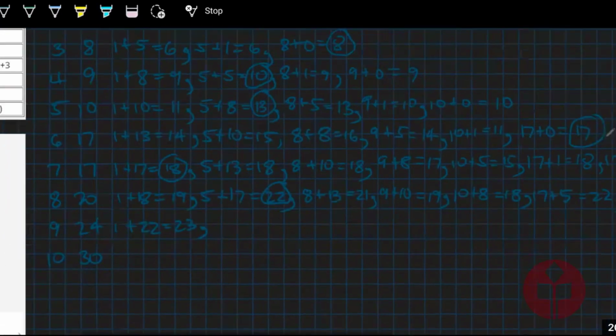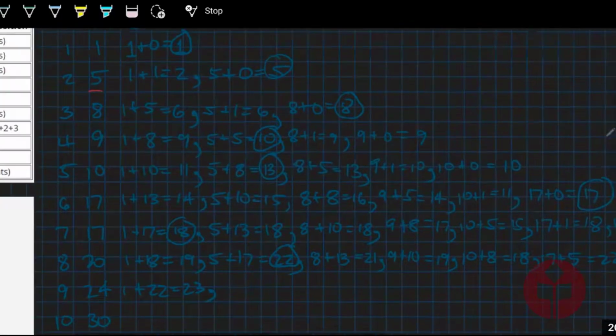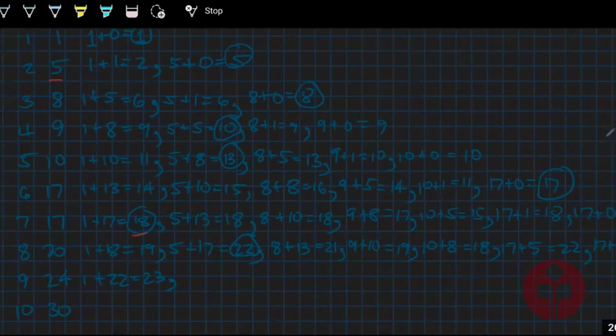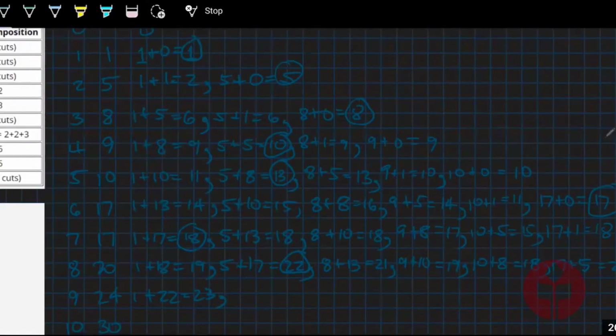Second calculation, we're going to do 5 and 18. It's 23. Third calculation is the 8 and the 17. Right, so that should be the third one. So 8 plus 17 is 25.